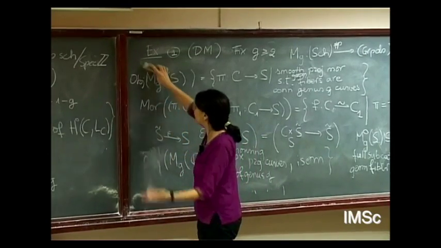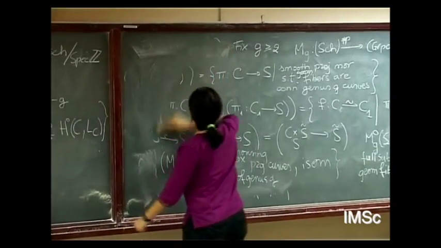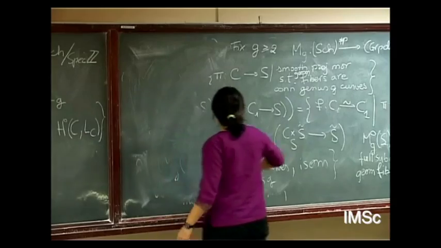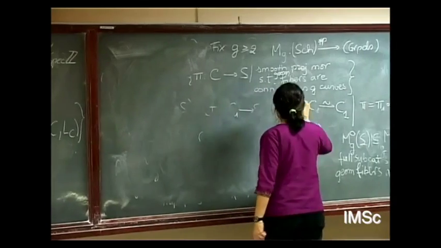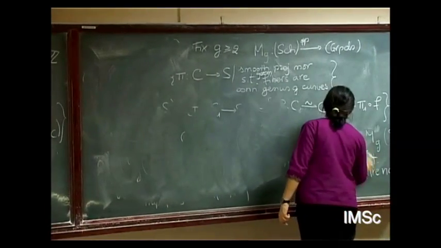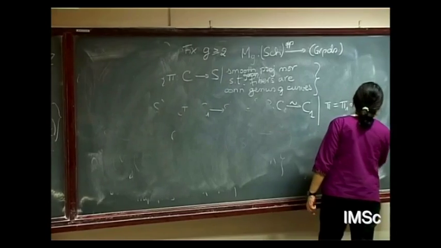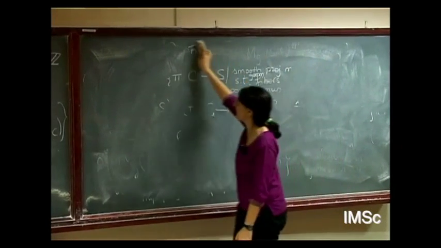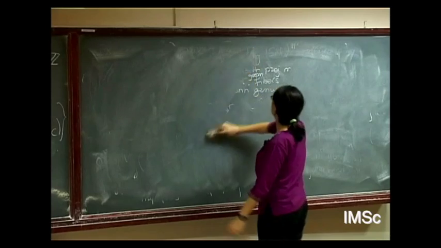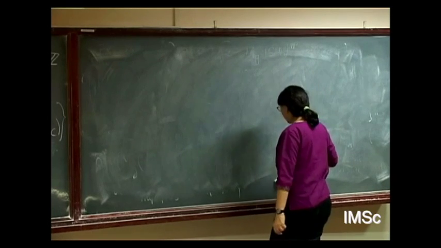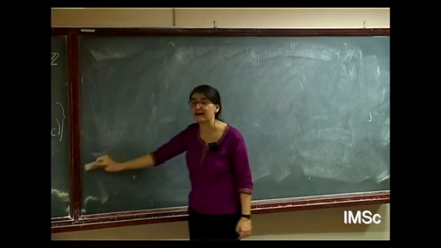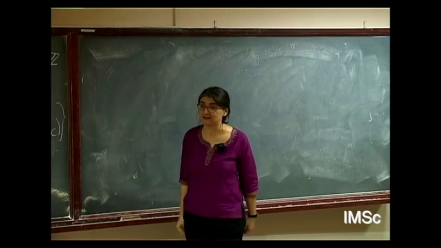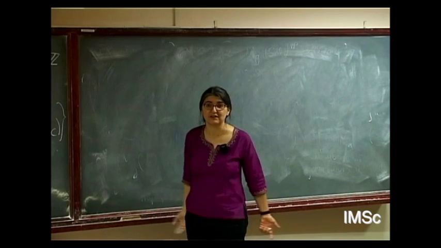And the other question, which was actually a nice question, is what happens if g is smaller than 2? Well, there are several things that happen, of course. One thing is that you no longer have a canonical positive ample line bundle.